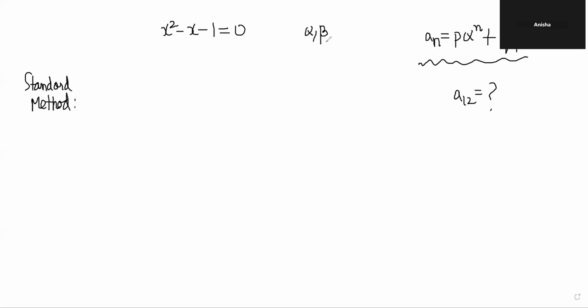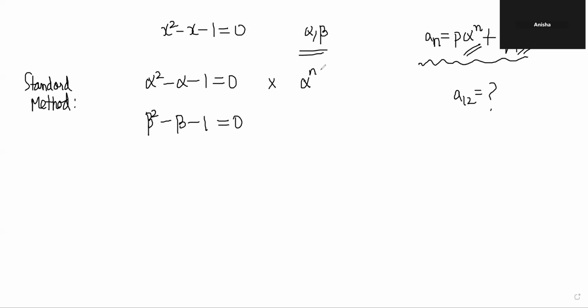So what we do is, we say alpha beta are the roots. So we can write alpha square minus alpha minus 1 is 0. We can also write beta square minus beta minus 1 is 0, right? Yes, sir. Now, I want to create terms like alpha power n and beta power n, right? So I'll multiply this equation with the required power.